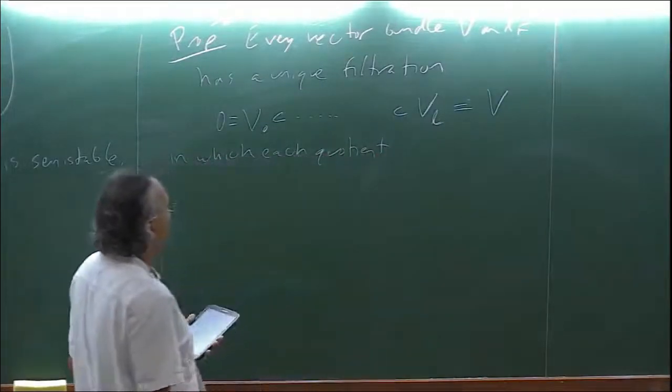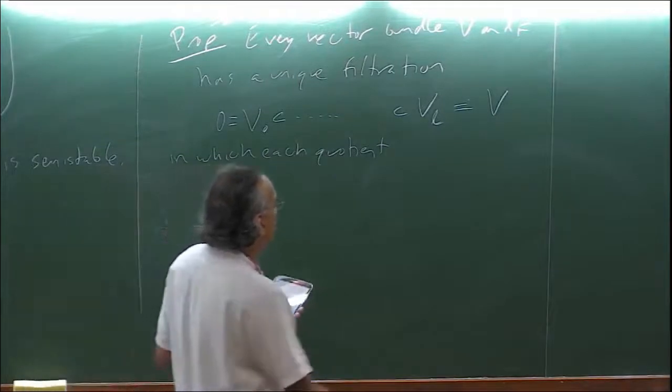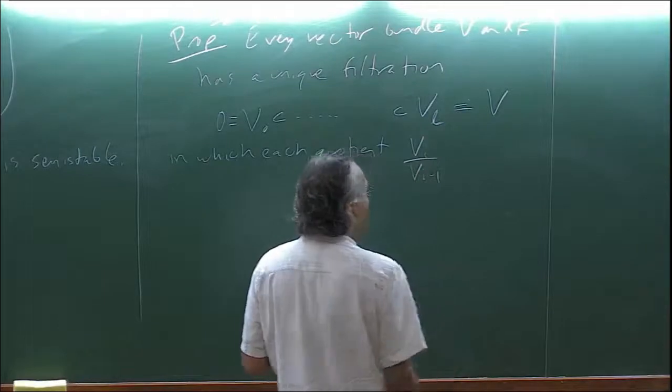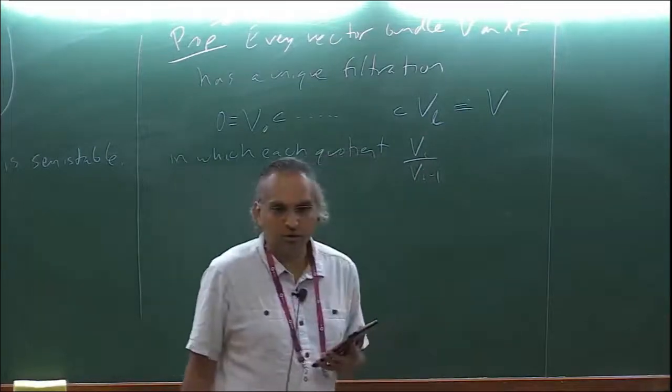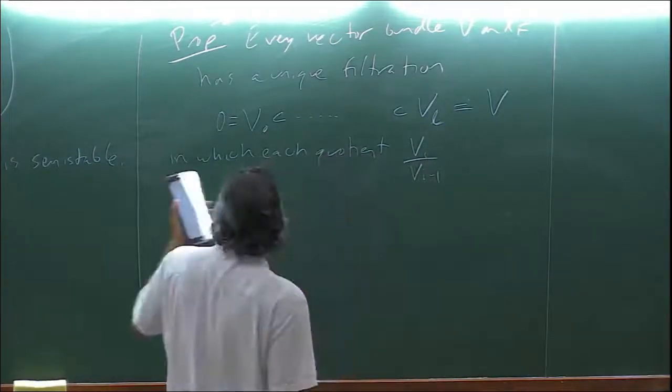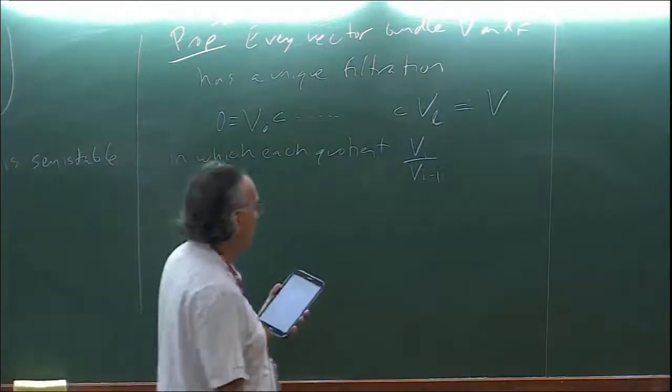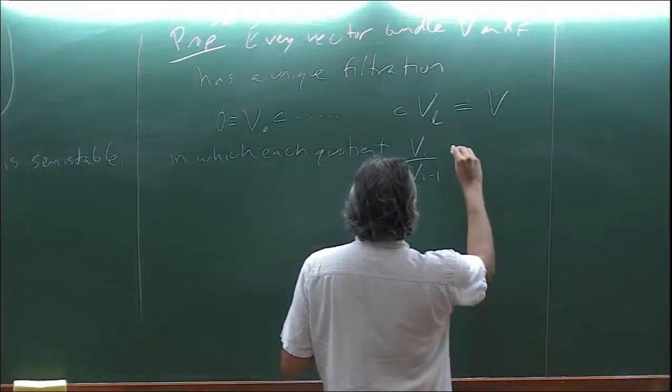This filtration is characterized by two properties. First of all, each quotient of successive terms is actually a vector bundle. So there's none of this business of taking a line bundle inside another line bundle. The rank actually has to keep increasing, and there's no torsion.